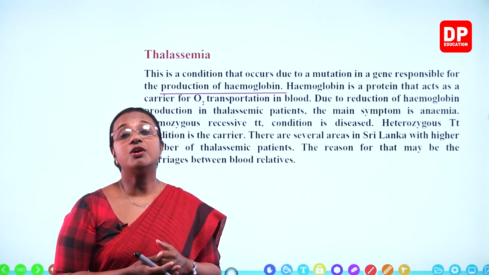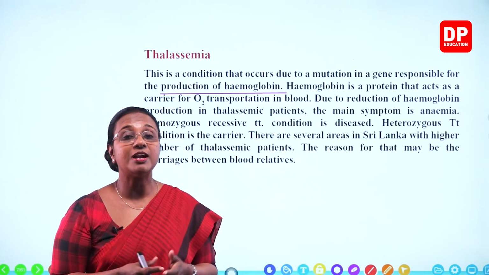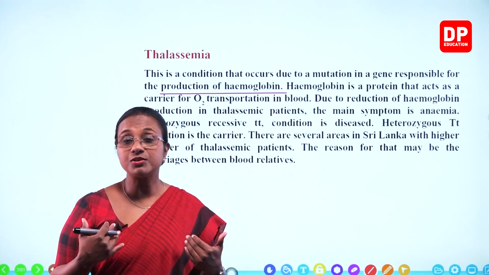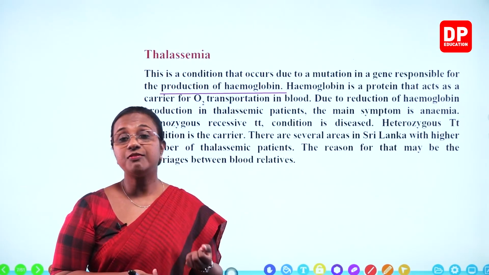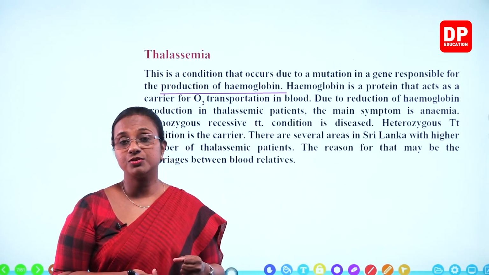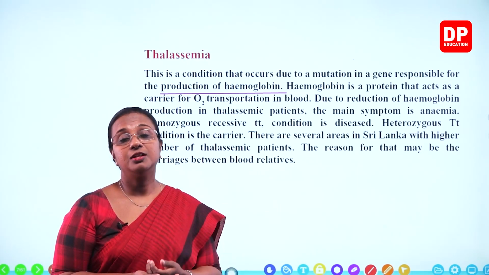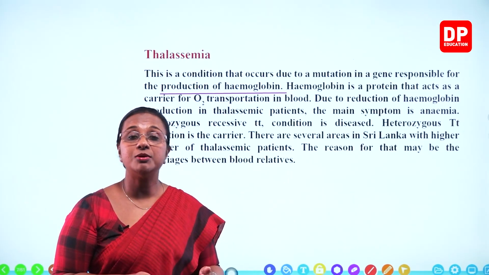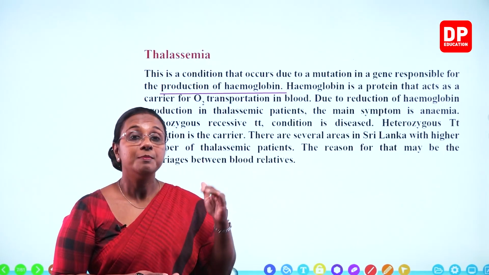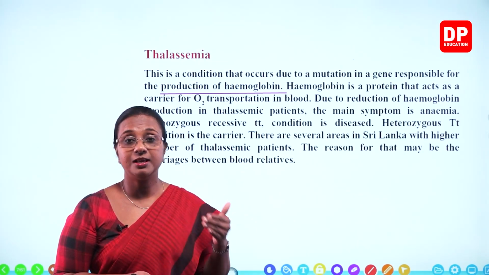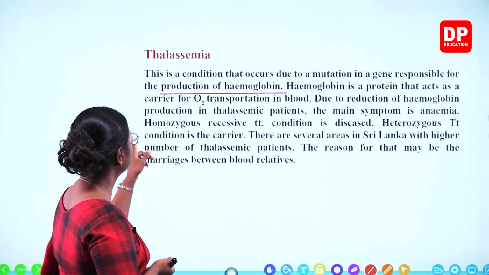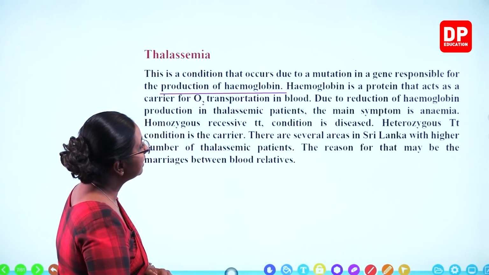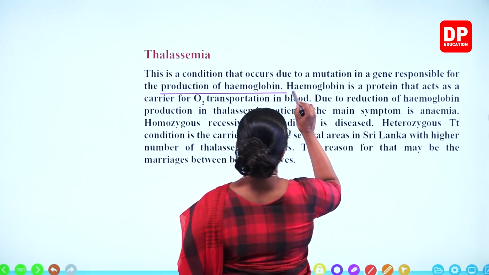So if there is not enough hemoglobin, then what will happen? Even though you breathe in and inhale oxygen, there is not enough hemoglobin to bind with the oxygen and carry it throughout your body. So the circulation of oxygen throughout the body will decrease because you don't have enough hemoglobin. That condition is what we call thalassemia.